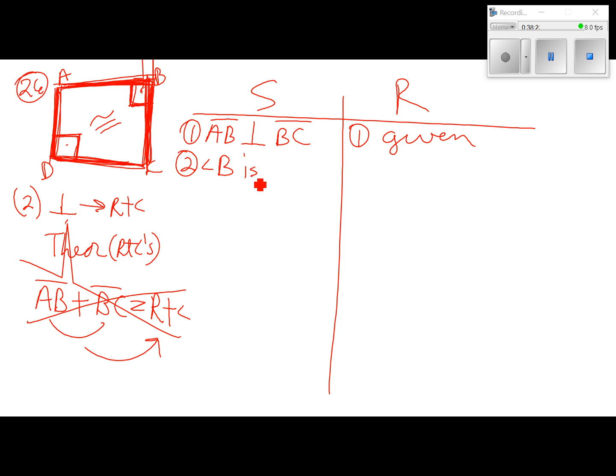So we know angle B is a right angle. And the reason for that is perpendicular lines, not perpendicular angles, perpendicular lines form right angles. Perpendicular lines form right angles.